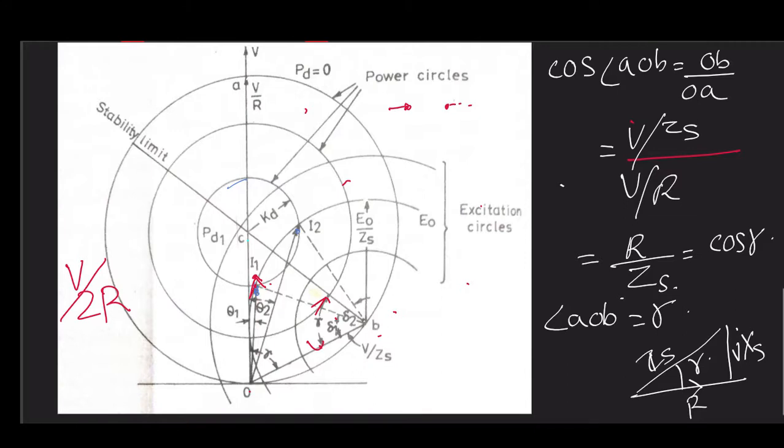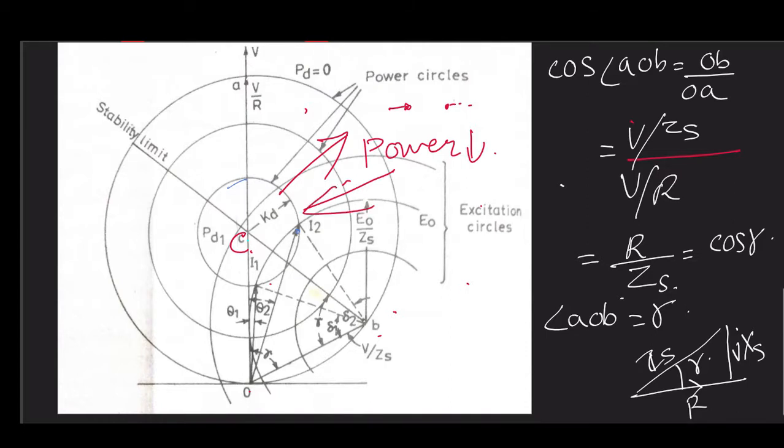These circles are known as constant power circles. But the more you go in this direction, your power will be small, and the more you go in, where the radius of the circle shrinks, the power will be high.